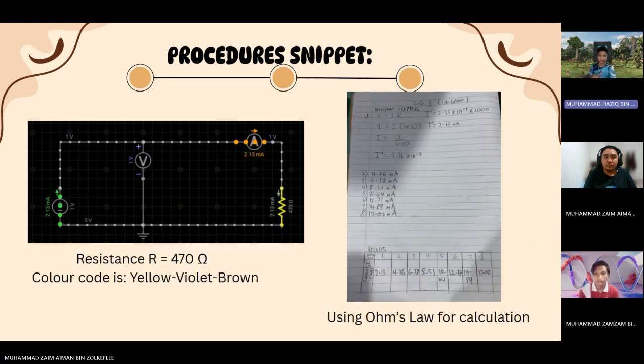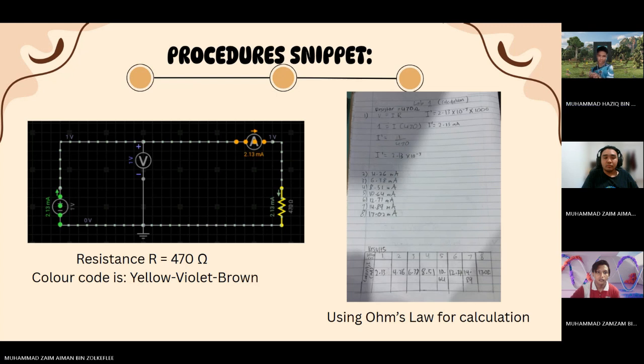So this one is for the simulation and the calculation for the 470 resistance. Basically, for the calculation we use Ohm's law, V equals IR. V is 1 and R is 470.